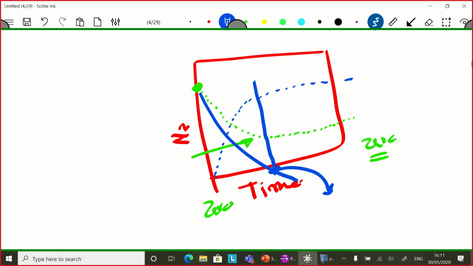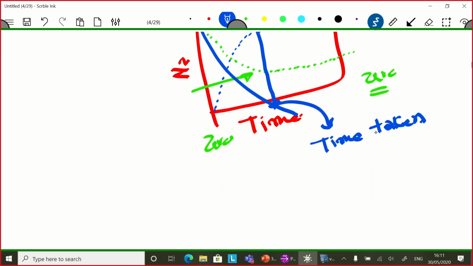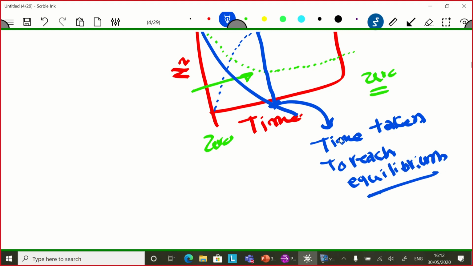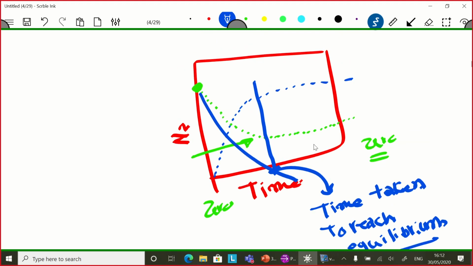So this is the time taken to reach equilibrium. So at the same time the reactant has reached a plateau, the product has as well.